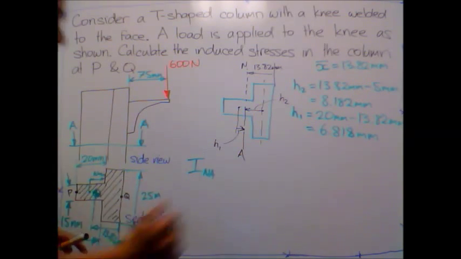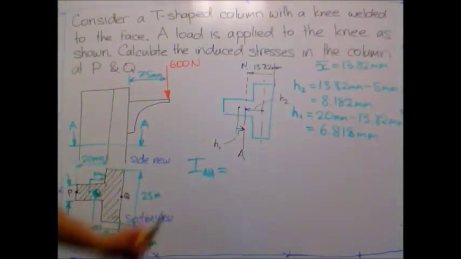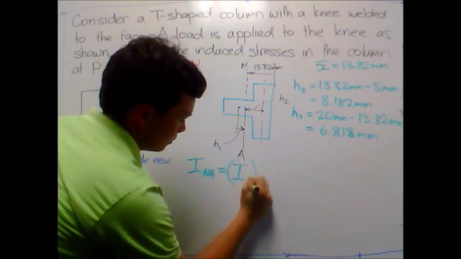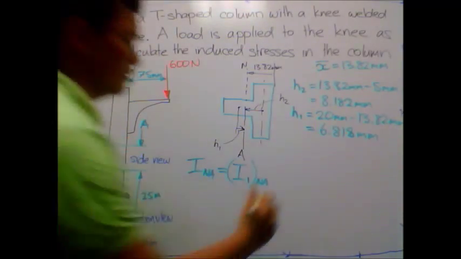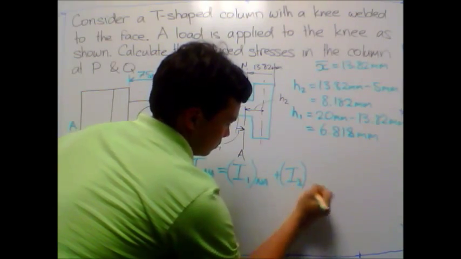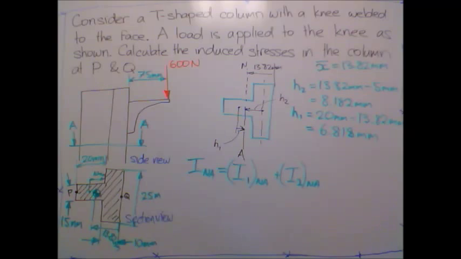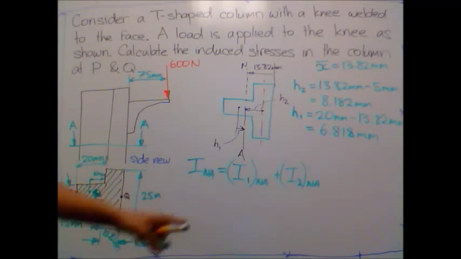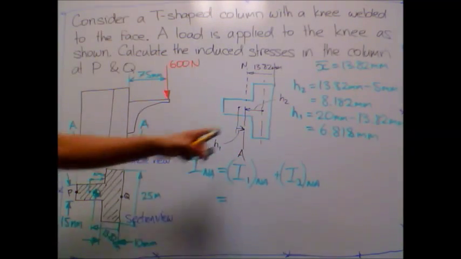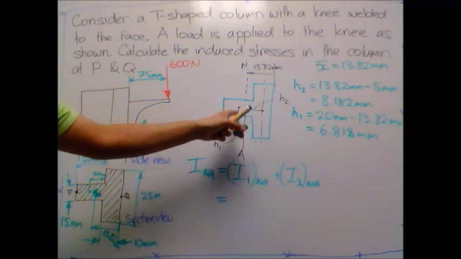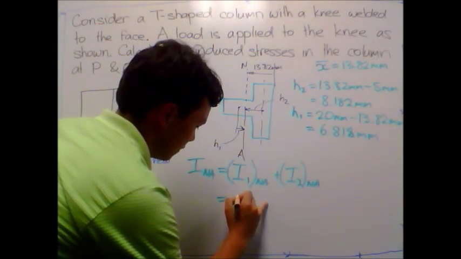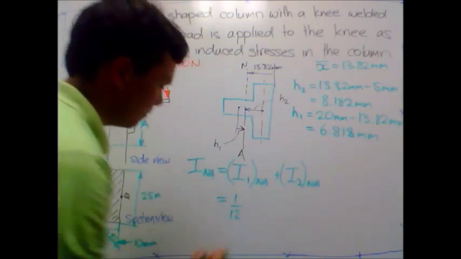The moment of inertia for the first shape will be equal to the moment of inertia around its centroid, so 1 over 12 BD cubed.